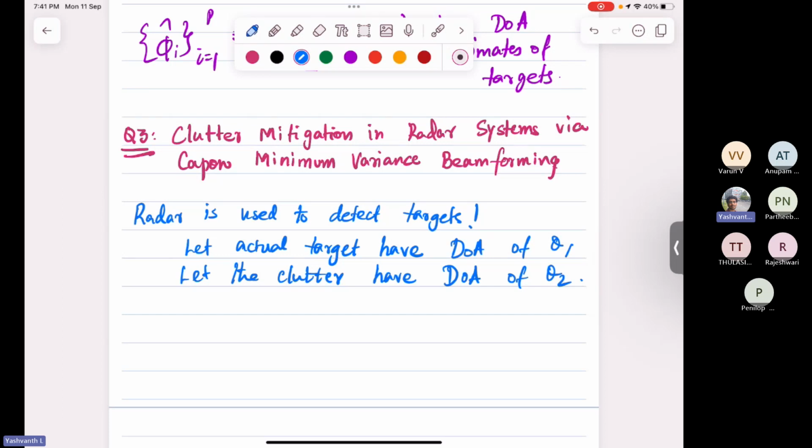But you should not mistake and say that, okay, look, at theta2 also there is a target. No, that could be some noise. That could be any noise. It is not at the desired target. So all those sources which are undesirable to us are called clutters.